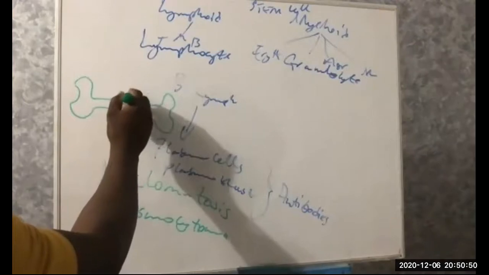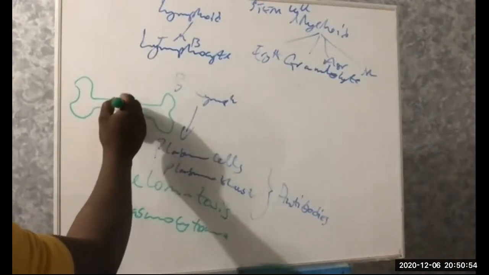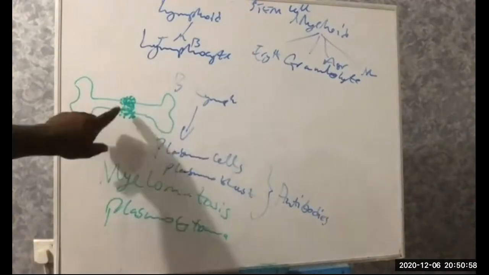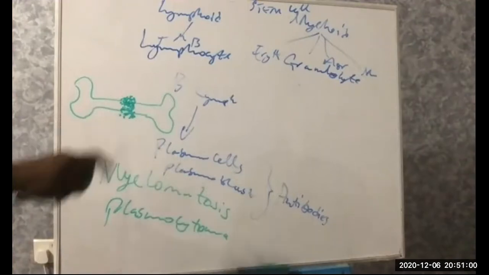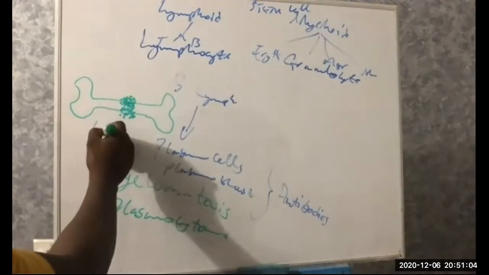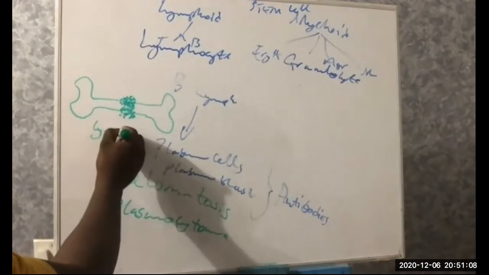It wants enough space to keep on dividing, so it will keep on degenerating it, and it will make the bone weak and it can break. We call that lysing the bone.